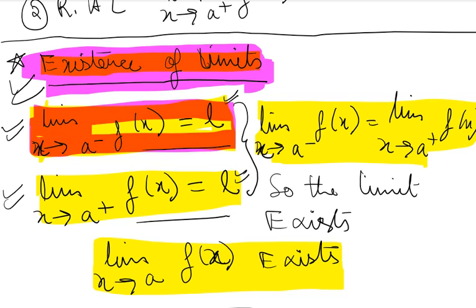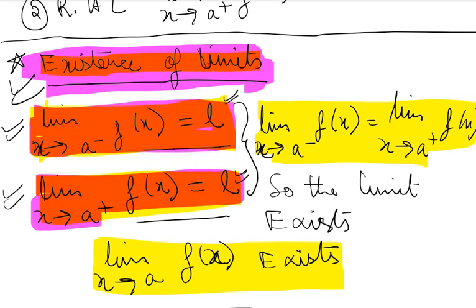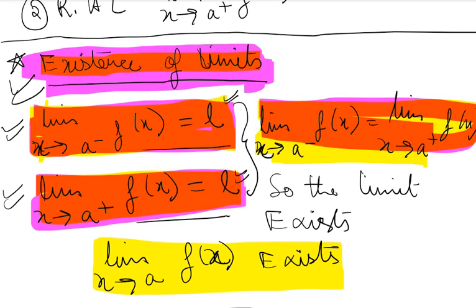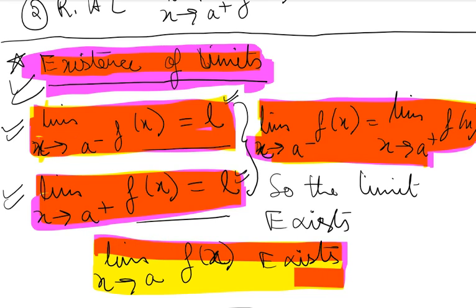I have taught you in the previous video. This is the right hand limit, and if both of them are equal to L, that means both of them exist. That means both of them have to be equal to each other. Then the limit of the function, the limit x tends to a f of x, exists. Okay, simple logic. Now from here let's go down.